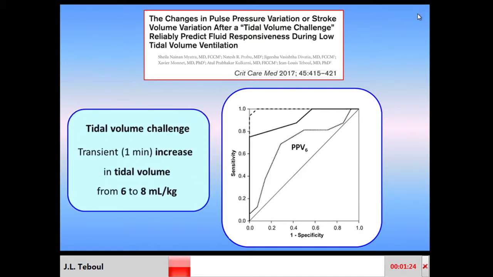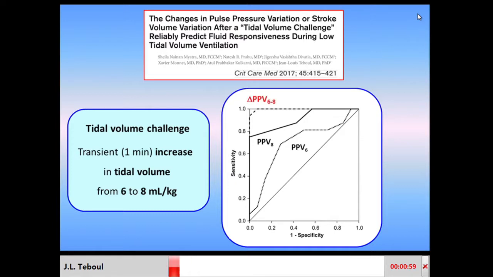But we performed what we call a tidal volume challenge, consisting in transiently increasing tidal volume from 6 to 8 ml per kilogram for 1 minute only. And now we have a better area under the curve for PPV at 8 to predict fluid responsiveness at 6 ml.